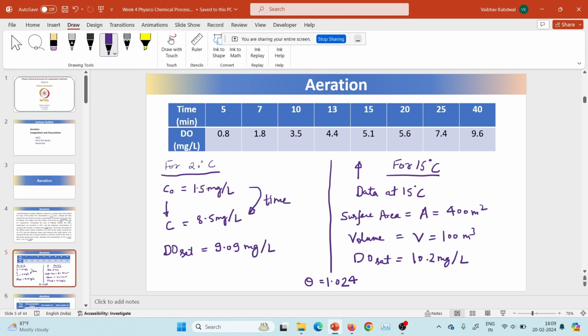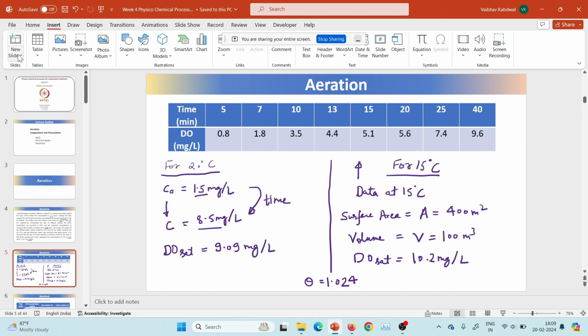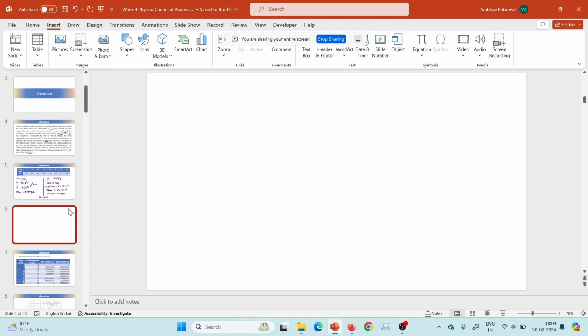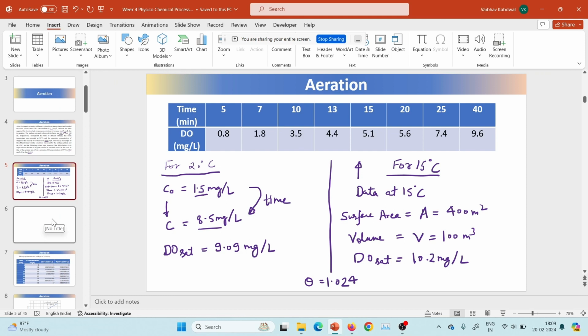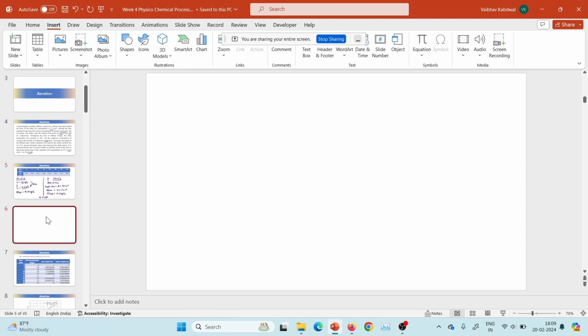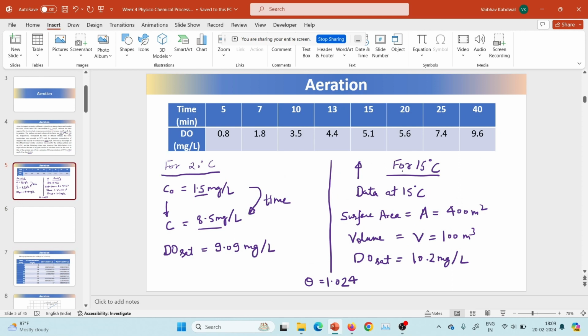Simply, we need to calculate the time to increase the oxygen concentration in water, that is the dissolved oxygen concentration, from 1.5 to 8.5 milligram per liter. So what we will do, we will find out the time from this data, or what we can do, we can find the KLA value from this data.